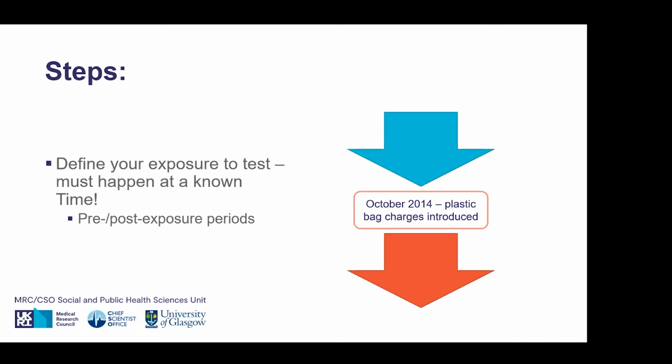The plastic bag charges were introduced. I think that's the Scotland date, or is it the England date? I can't remember. I looked up one to be more relevant, but you would expect that what's happening before that date and what's happening after that date would be split into two very well-defined unexposed and exposed periods. So that's the key first part, and those are your comparator periods.